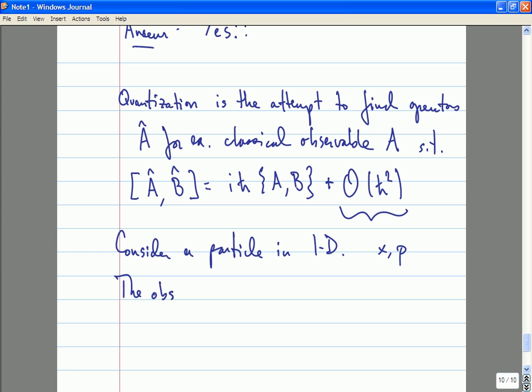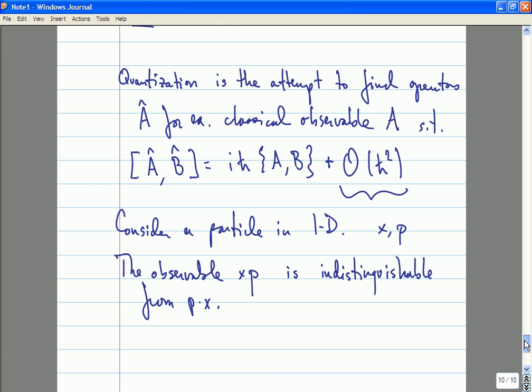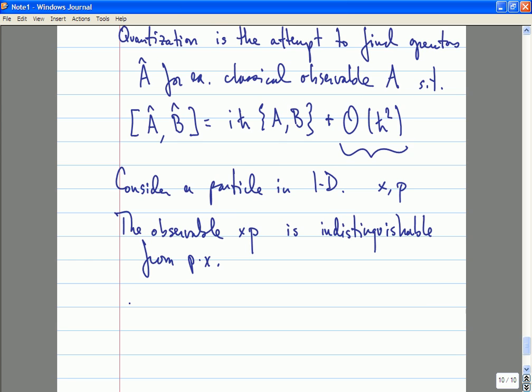Classically, the observable x times p is indistinguishable from p times x. However, if you just did the naive quantization procedure, where you replaced x times p with x hat times p hat, then this is not equal to p hat times x hat.